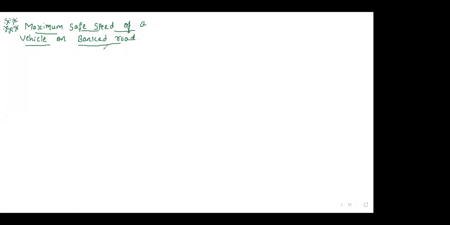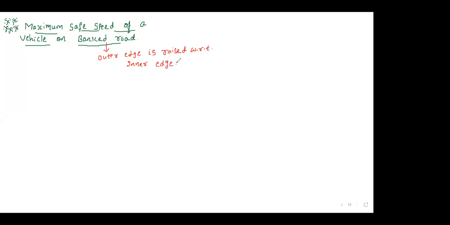So what is a banked road? Here, the outer edge of the road is raised with respect to the inner edge.